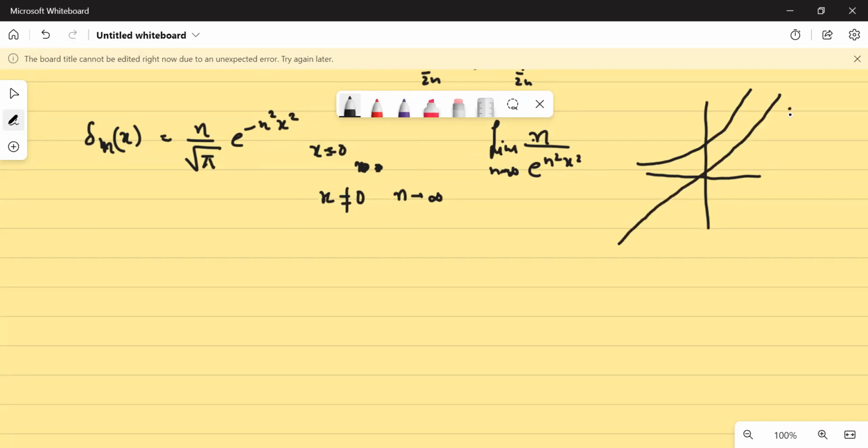So if x is non-zero, just take it as whatever constant value you want. Overall, understand this exponential behavior would in any case be very dominating over n. As n tends to infinity, e to the power n square x square would rise as fast as possible compared to n. Overall, this term will go to 0.